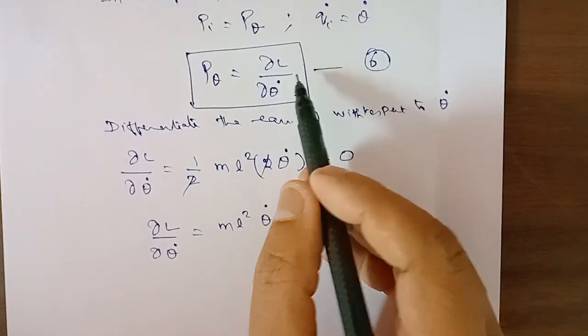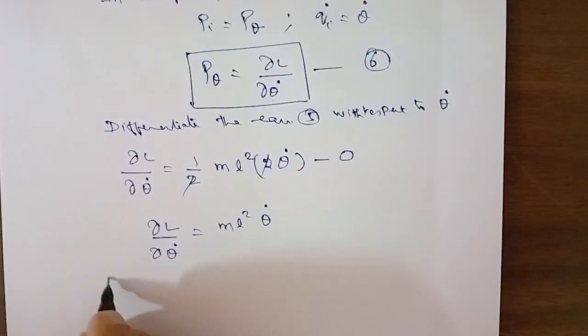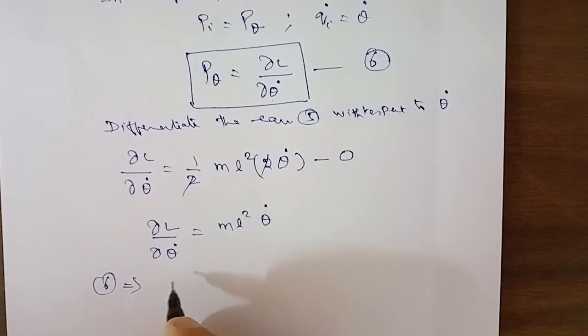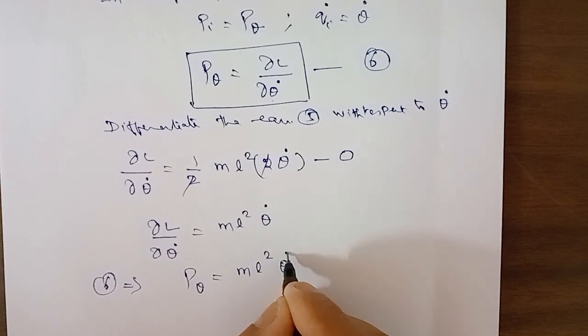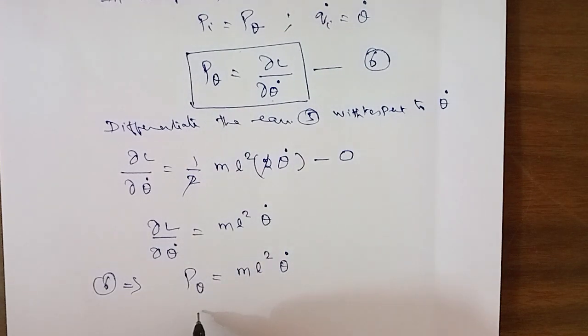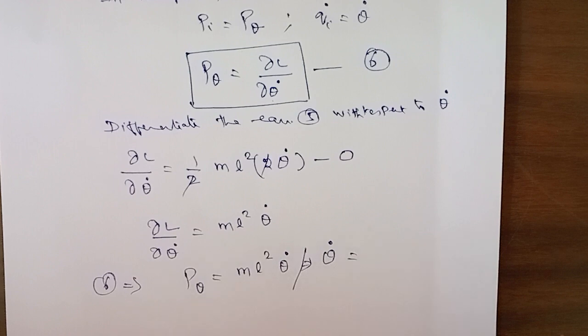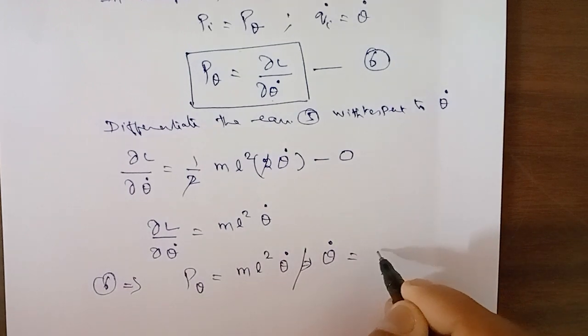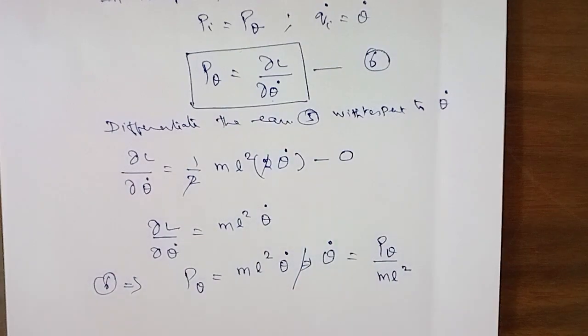Now substitute in equation 6. P theta is equal to m L square theta dot, or theta dot is equal to P theta by m L square.